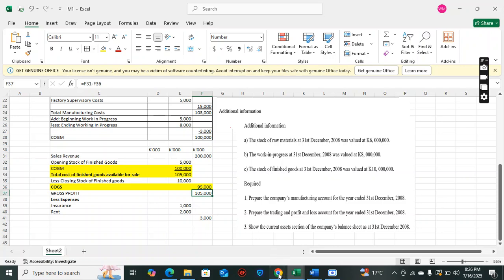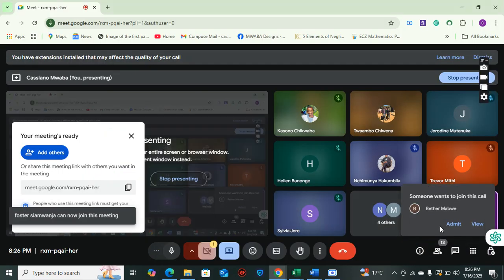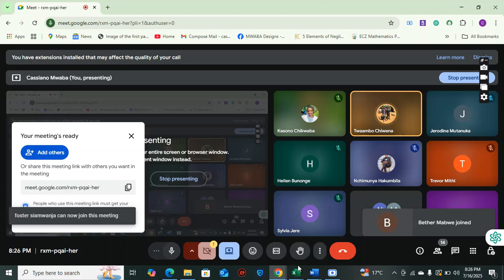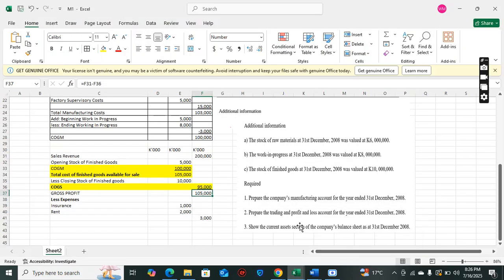Is that okay, Mr. Twambo? Ah, you don't sound convinced. Calculate. As you are calculating, gross profit is sales revenue minus cost of goods sold. Remember selling price minus cost price? Same concept here.